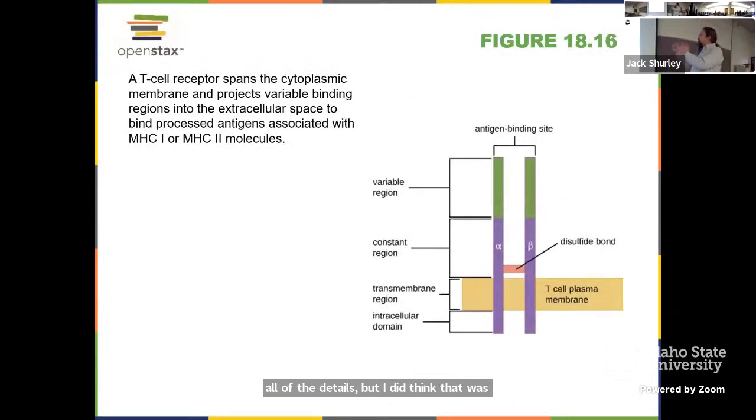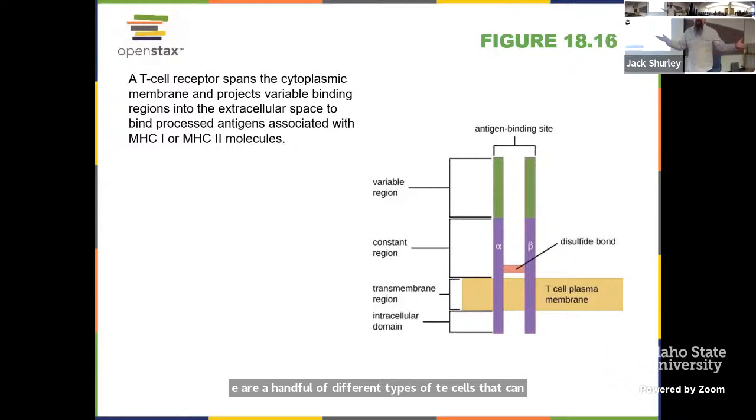So this bit right here would kind of, as we saw that electron micrograph of the T cell and the protrusions, this is kind of what we're thinking about, but cartoon-like, all right? So that T cell was full of all sorts of things, really receptors, proteins that are there to hopefully do some detecting, right? And we'll move in a minute and think a little bit more about some of this stuff, but there are a handful of different types of T cells that can be doing some of this surveillance.